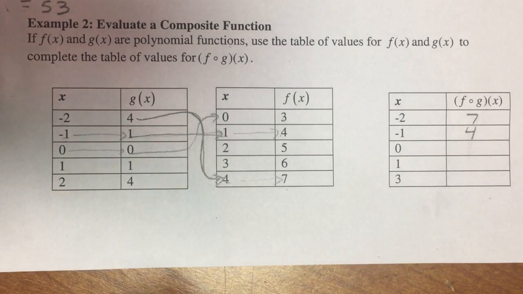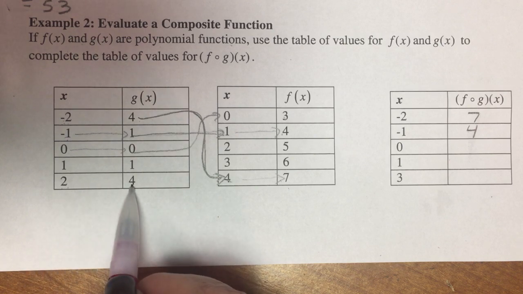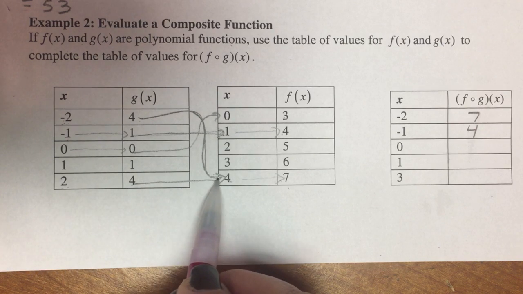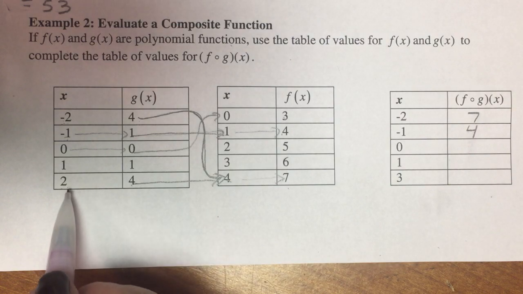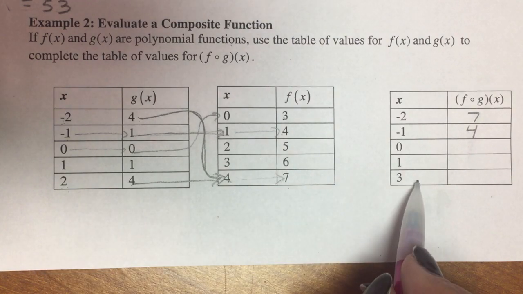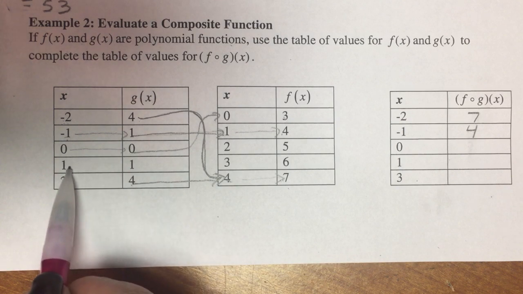We'll do one more. How about if we do the 2? If I take 2, plug it into G, it gets me a 4. And then if I take that 4, plug it into F, that's going to get me a 7. So 2, oh, they don't ask for that one, do they? Well, let's try that again. Let's do the 1.